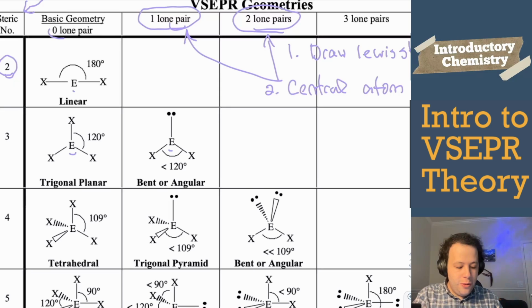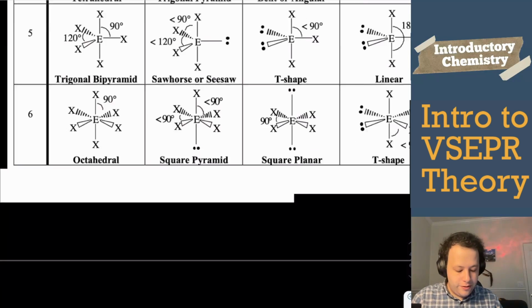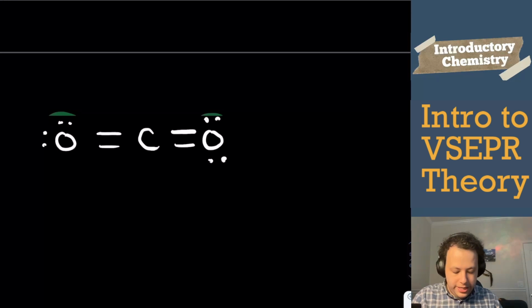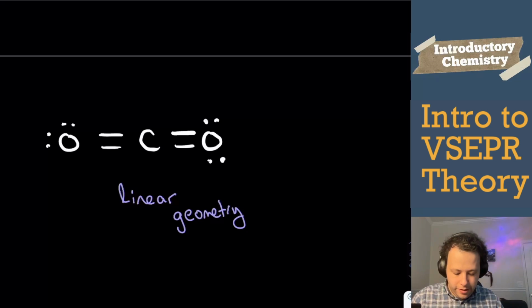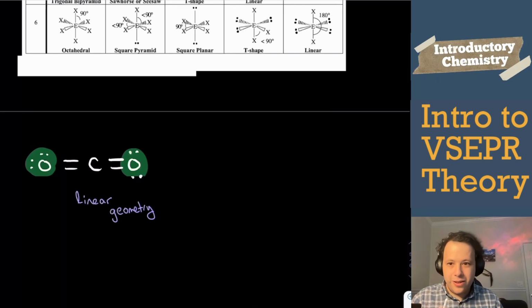There were no lone pairs around CO2. So that tells you that the geometry is linear. We see no lone pairs, only those different groups. So that tells you that they're 180 degrees apart. This is linear.